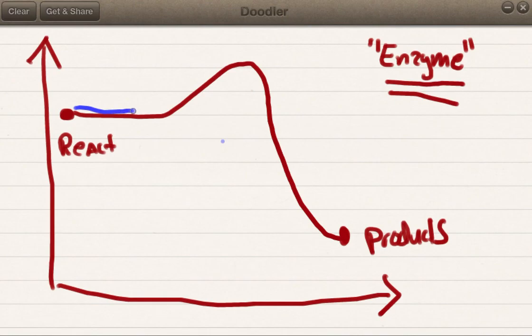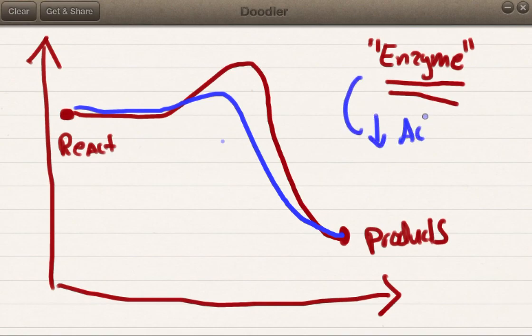What an enzyme does is not make a chemical reaction happen that wouldn't happen, but rather the enzyme decreases the activation energy. It makes that barrier much lower, so this chemical reaction can proceed much more efficiently in the human body.